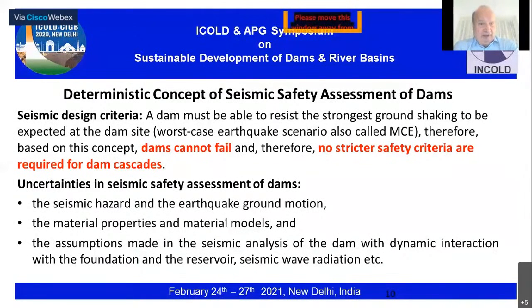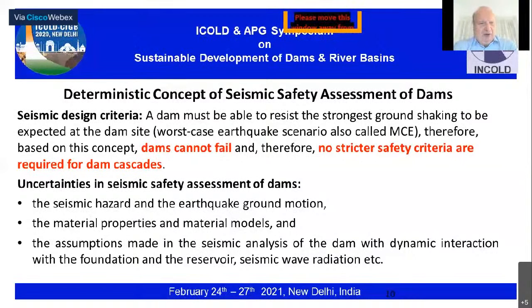However, we know there are a number of uncertainties in seismic safety assessments of large dams. They are as follows. Number one, the seismic hazard and the earthquake ground motion. There are large uncertainties involved, especially for the strongest earthquakes. Number two, we have large uncertainties in material properties and also material models for concrete and embankment materials.